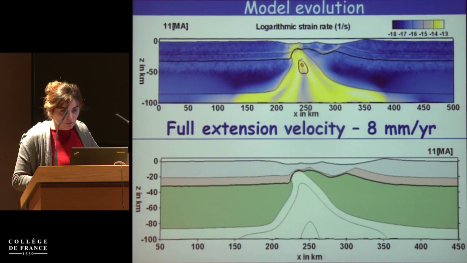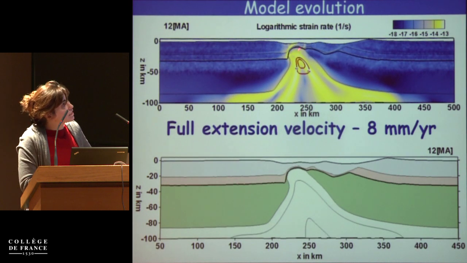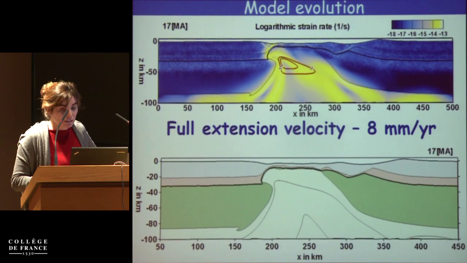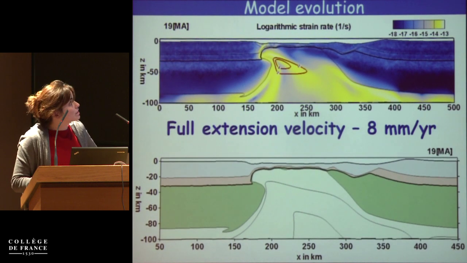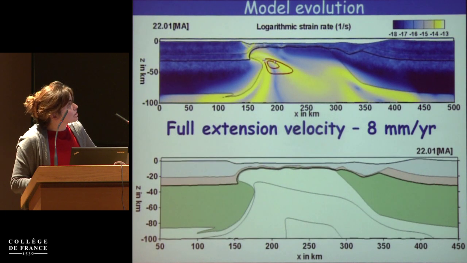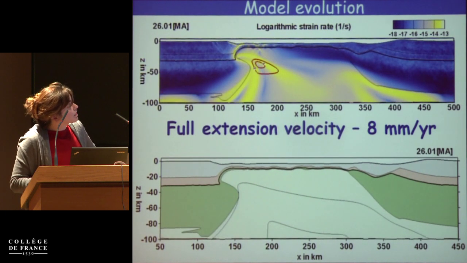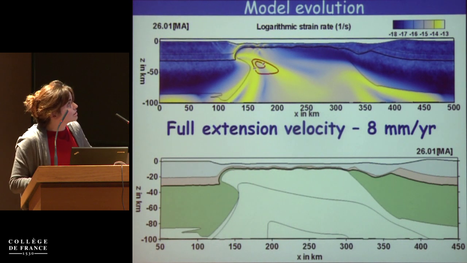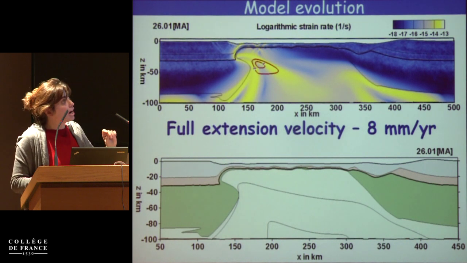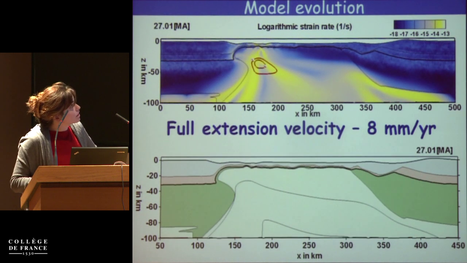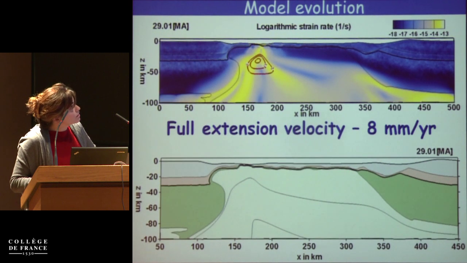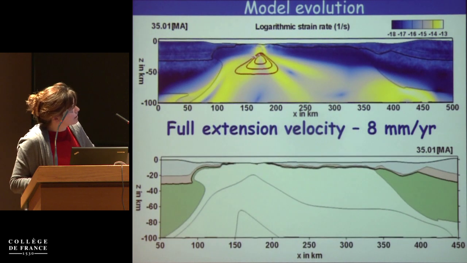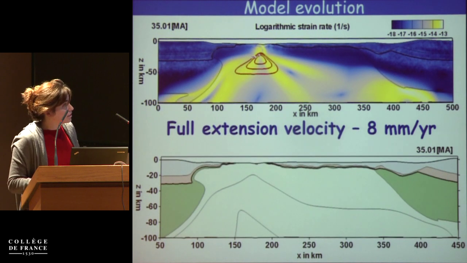And this leads to the generation of an asymmetric array of sequential faults that result in asymmetric margin structures. In red, you see the contours of melt. For this very slow extension velocity, the underplate of melt, if it all could go up into the crust, could be 1 kilometer only. At some point, the crust finally breaks up, and we have final crustal breakup and lithospheric breakup.